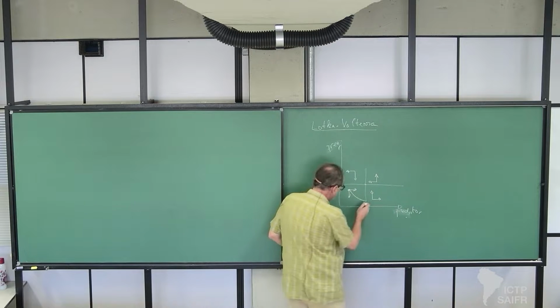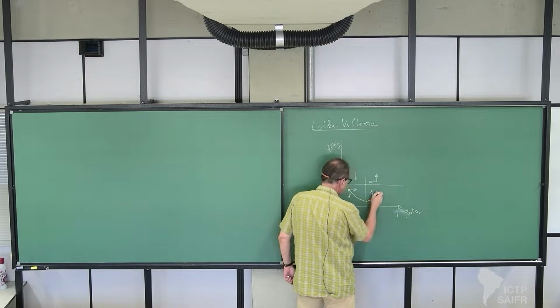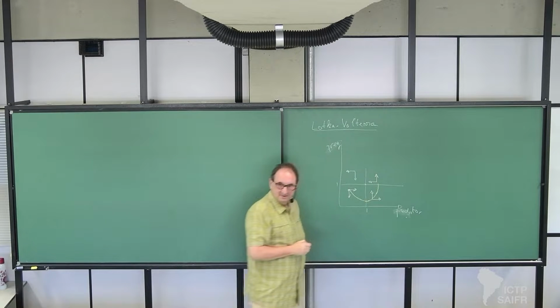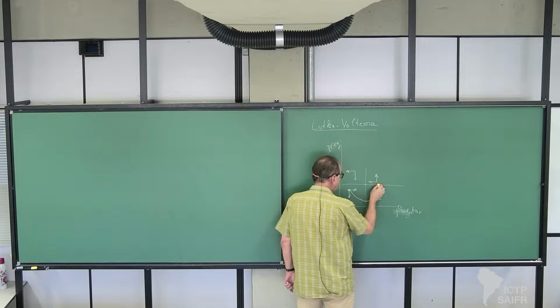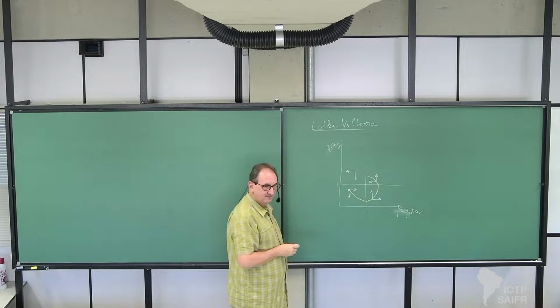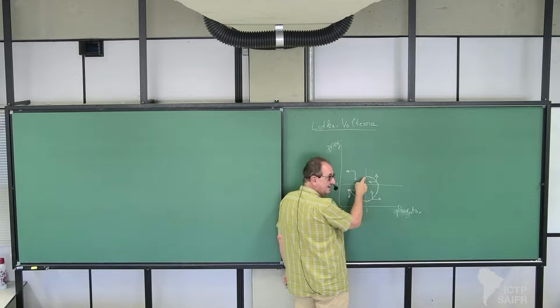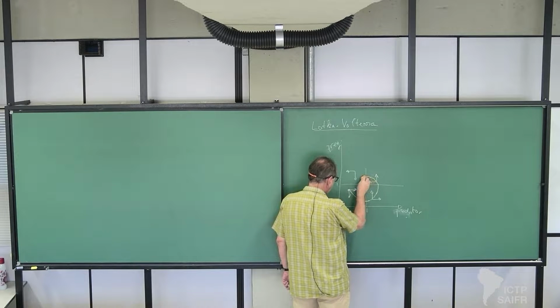Okay, so you go up, but you continue this way. By going up, you will eventually cross this line. Now you could continue to go up, but you should go this way. And when you cross the line again, now you have to go down and this way.